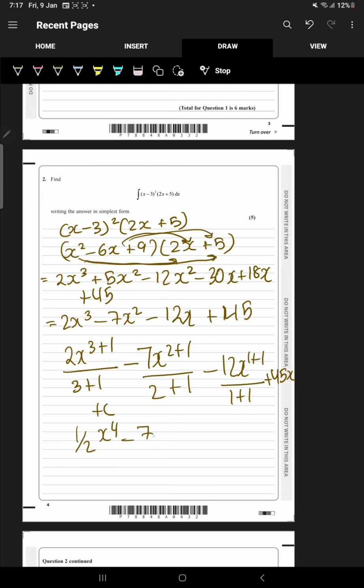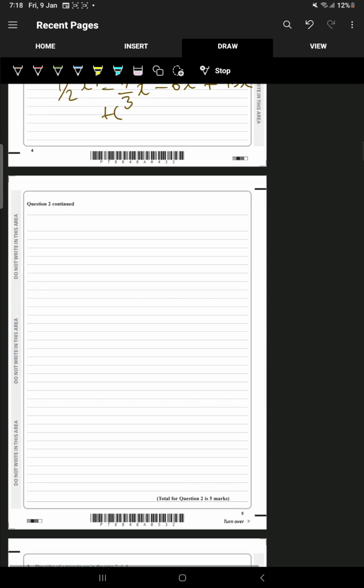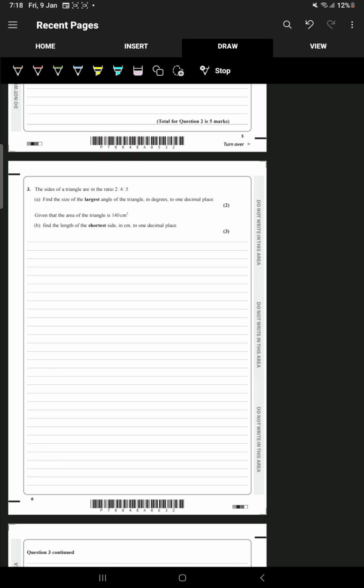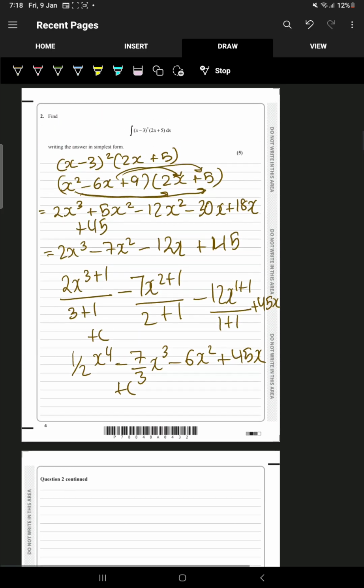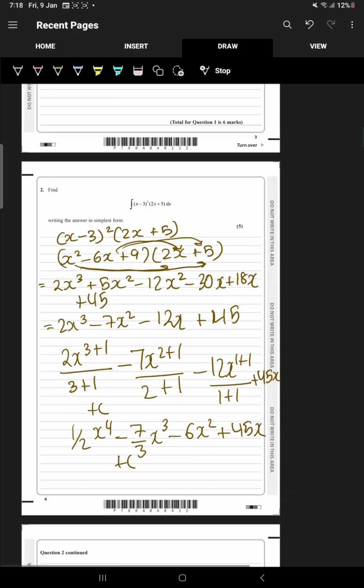That is going to give minus 7 over 3 x cubed. And minus 12 over 1 plus 1 is going to give us minus 6x squared plus 45x, plus c. That is going to be our answer. Just remember that you don't forget plus c, and make sure you expand it and write it clearly in order to ensure that you don't make silly mistakes.